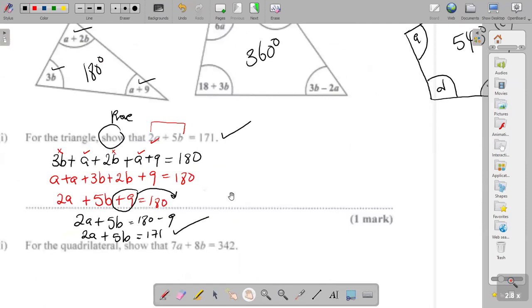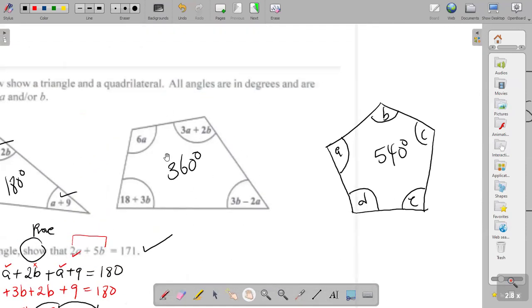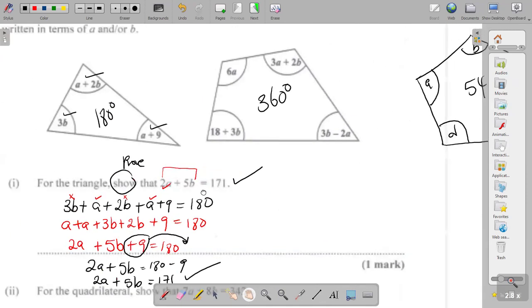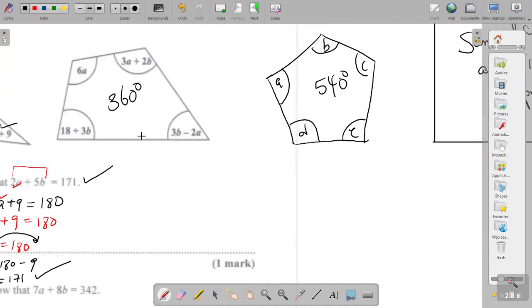So here, I feel like everybody should know what to do now. Since you know that all the angles in a quadrilateral add up to 360, all you have to do is add up these 4 different angles, put it equal to 360 and solve. So let's do that because we don't want to take anything for granted in case y'all made a mistake along the way.